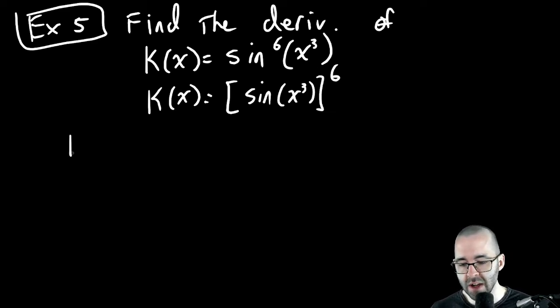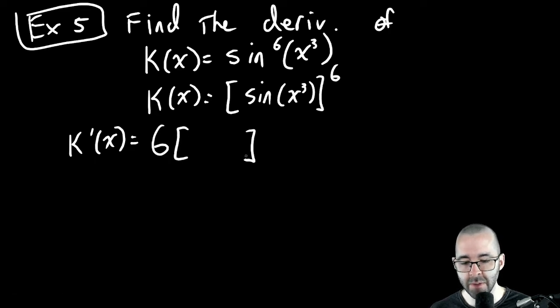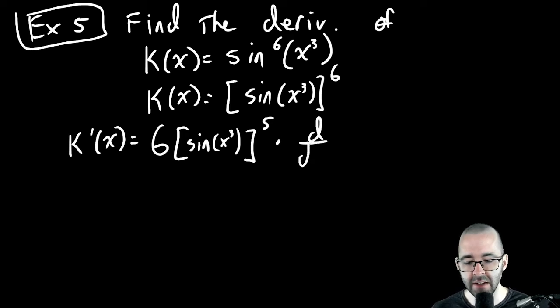So now for k prime, we're going to take the derivative of the outside function, that's the power rule. Leave the inside function alone, sine of x cubed. And multiply it by the derivative of the inside function.